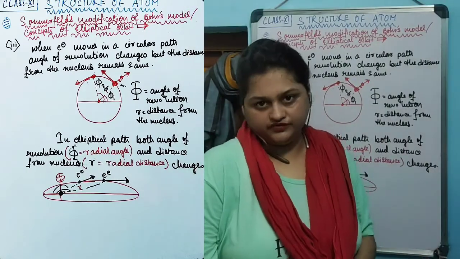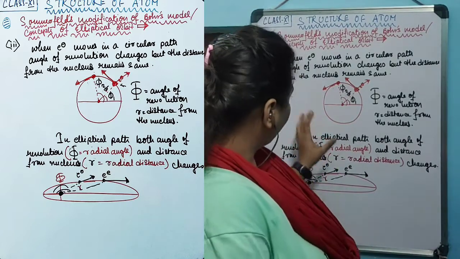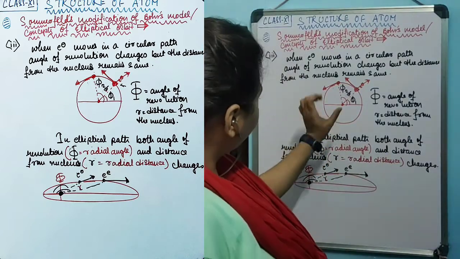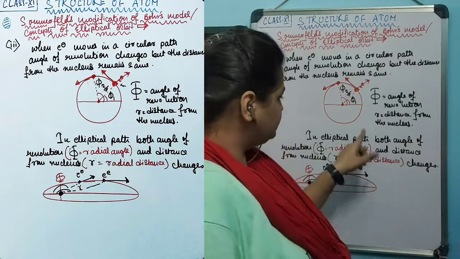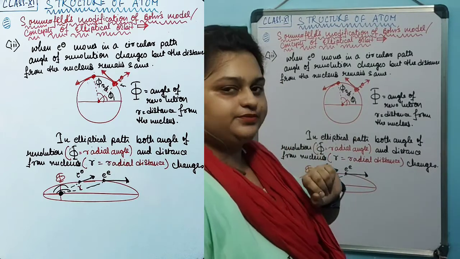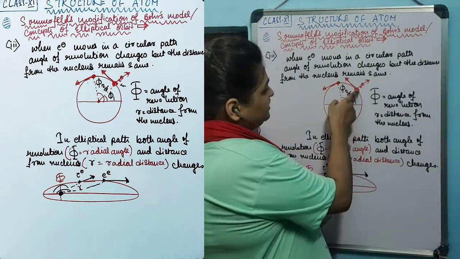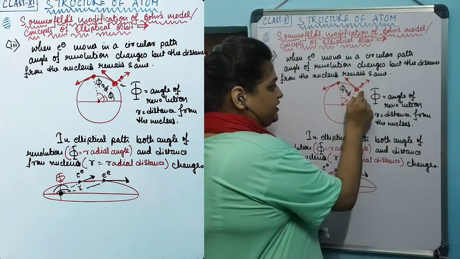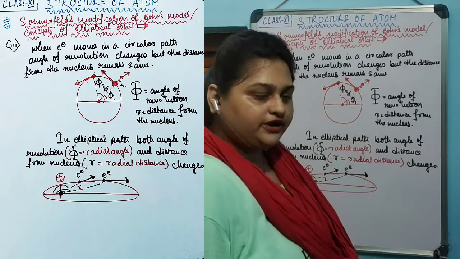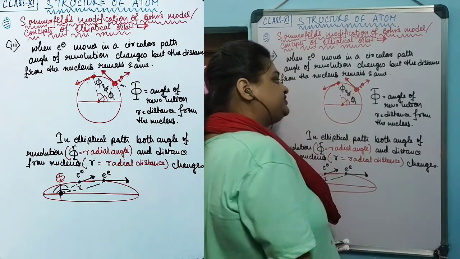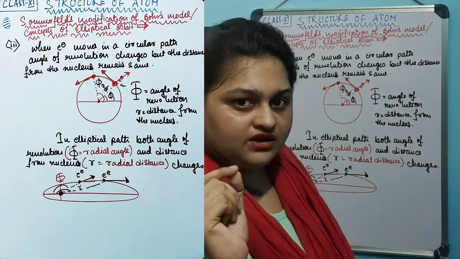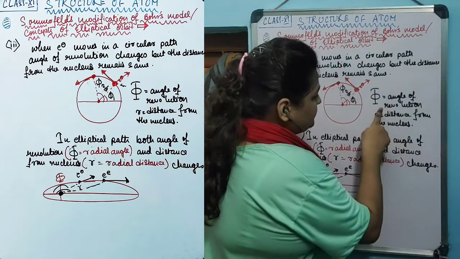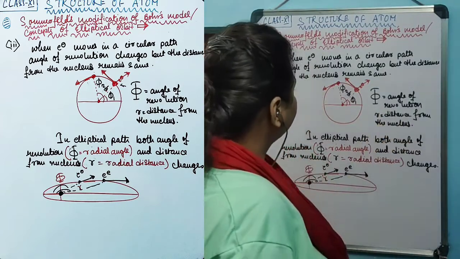In the third modification, he suggested, let's take the example of this circular path. This is the position of the nucleus, and in this circular path, this electron is moving. At this instant, the electron is situated at this point, and this dotted line represents the distance from the nucleus, that is the radial distance.